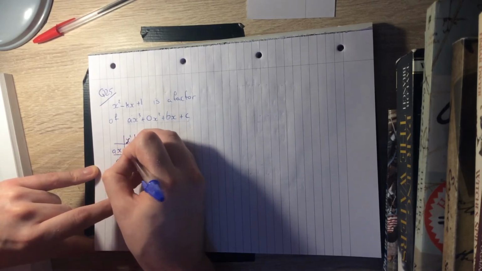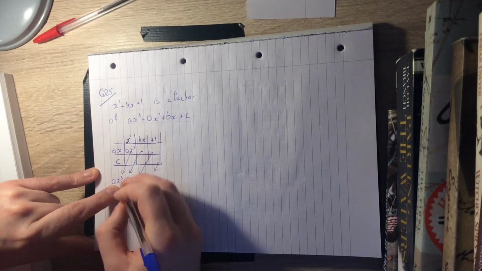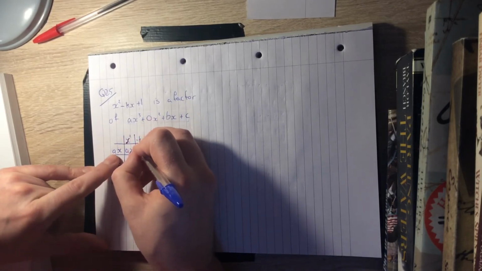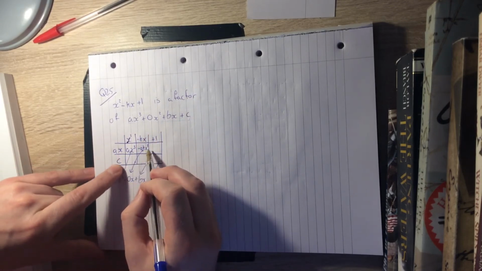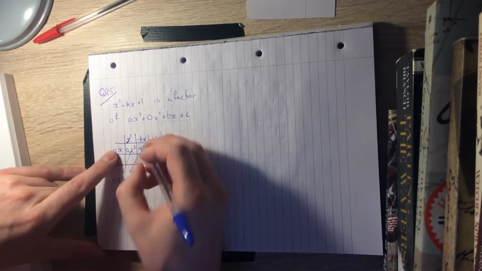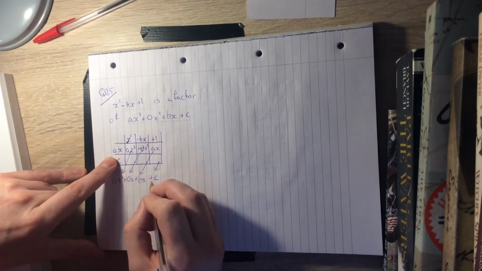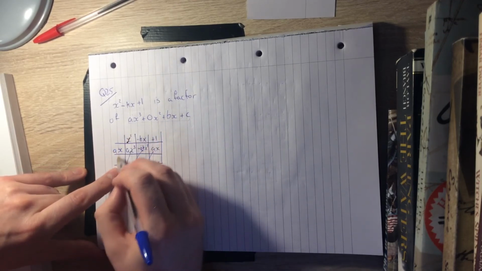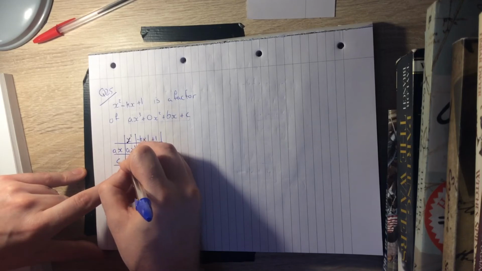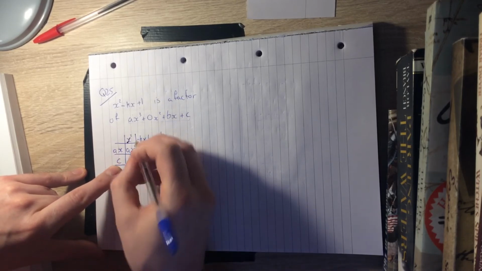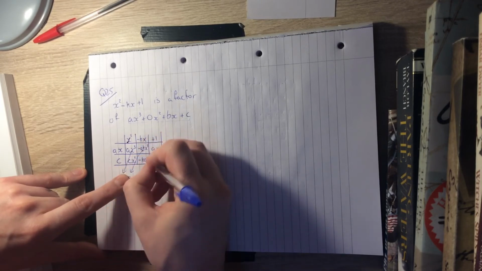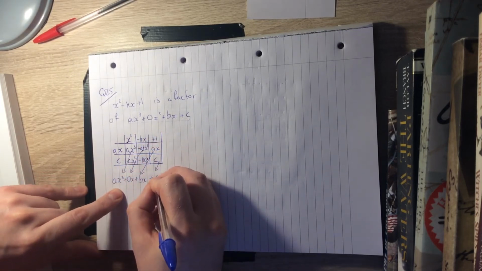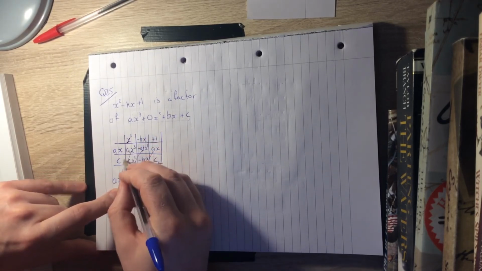We get ax cubed, which is what we needed. We get minus akx squared. Sorry, that's a bit small. Here. And we get ax here. We get cx squared here. Minus kcx here. And we get c as expected here. So what do we get out of that?